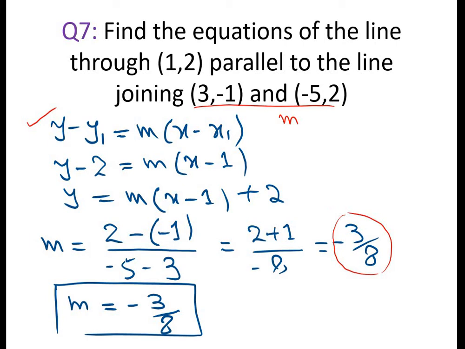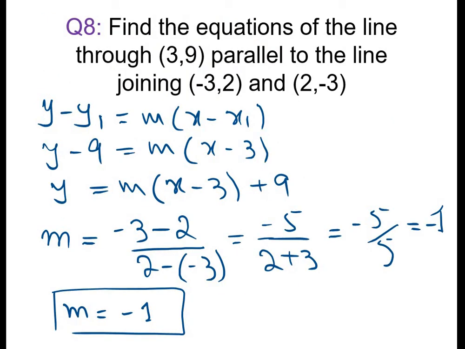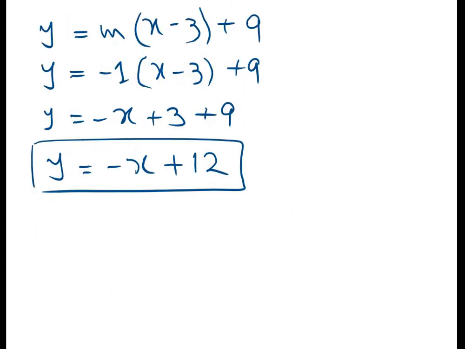So just substitute the values of x1, y1, and the value of m, the gradient, as -3/8, and simplify it. Next is find the equation of the line through this point. Again, it's exactly the same as question number 7, and you can do that by yourselves.